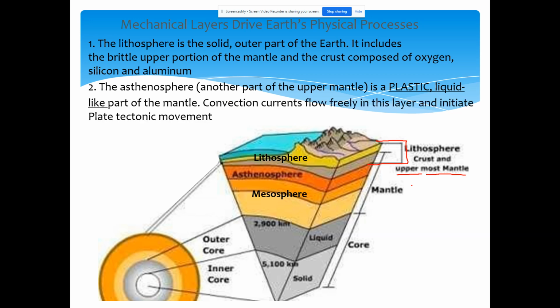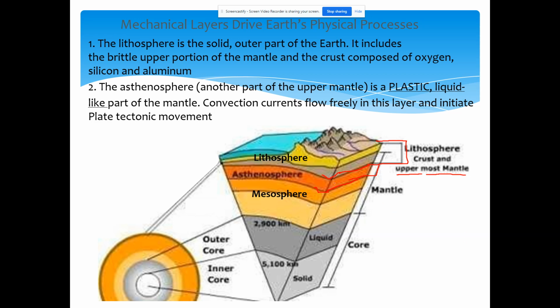Right underneath the lithosphere is something that is the same in composition as the upper mantle, but because it is a lot warmer and it's a little bit deeper, it's got kind of a plasticky or liquidy nature. Although scientists hesitate to call it a straight out liquid, they like to call it a plastic. Okay, and here we've got convection currents that can flow very, very freely in this layer.